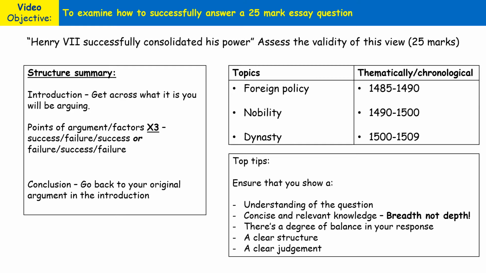So, like I said, it's up to you how you structure your answer, but you need to make sure that there's a clear structure and a clear judgment throughout your answer.